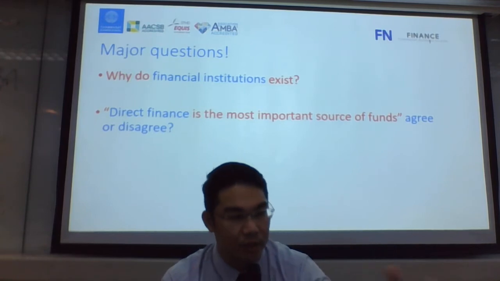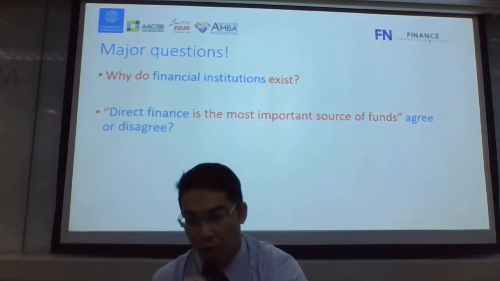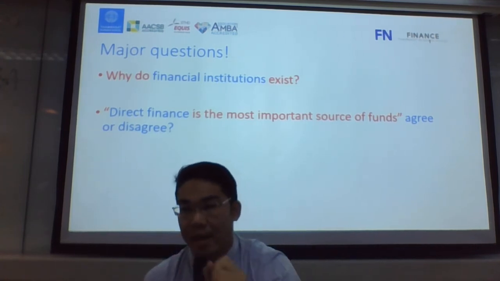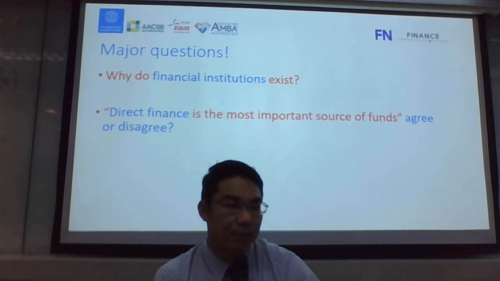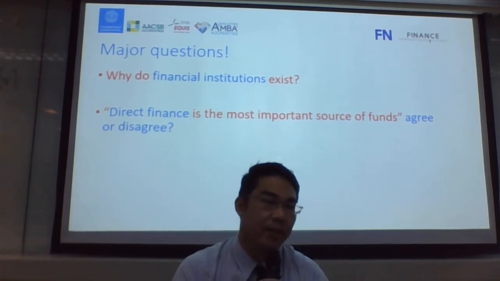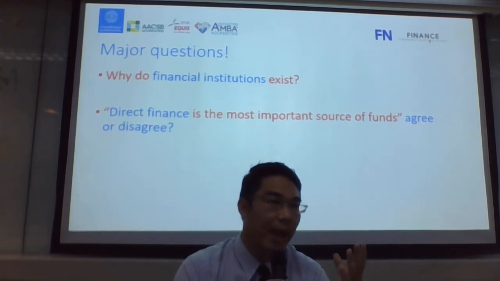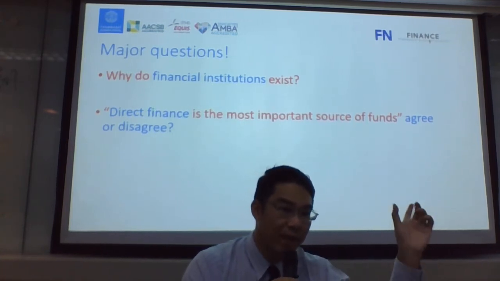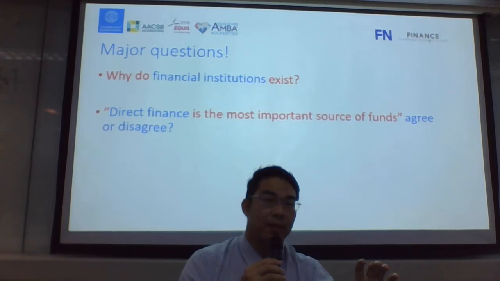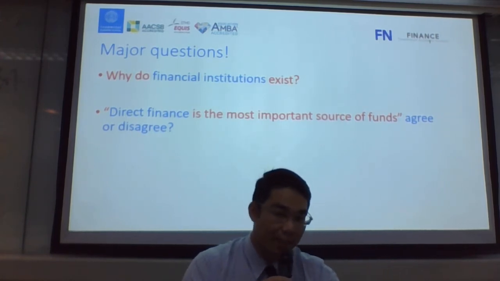We have financial institutions because they help us reduce the cost in terms of time and money. The cost in terms of time and money comes from asymmetric information. So we have financial institutions because asymmetric information exists in the financial system.